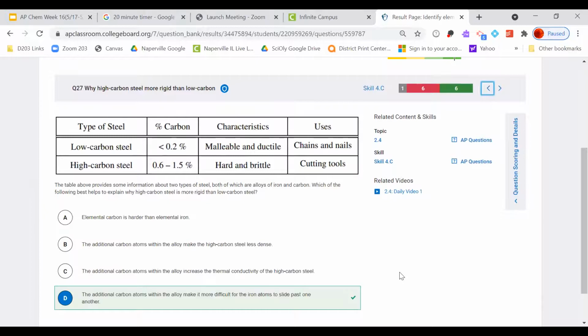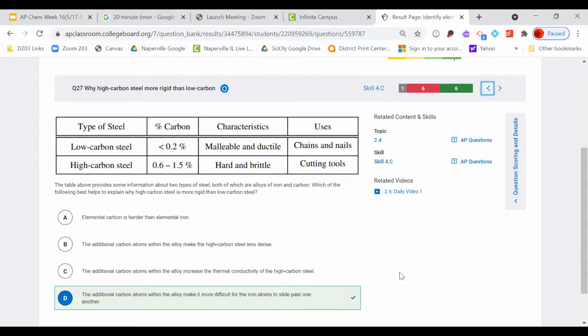Okay, so why is high carbon steel more rigid than low carbon? So we have low carbon, less carbon there. The information is about 2 types of steel, both of which are alloys of iron and carbon. Which of the following best helps explain why high carbon steel is more rigid than low carbon steel? So again, we didn't talk too much about alloys, but if you have a piece of iron and you start to incorporate carbon into it, it's called an alloy.